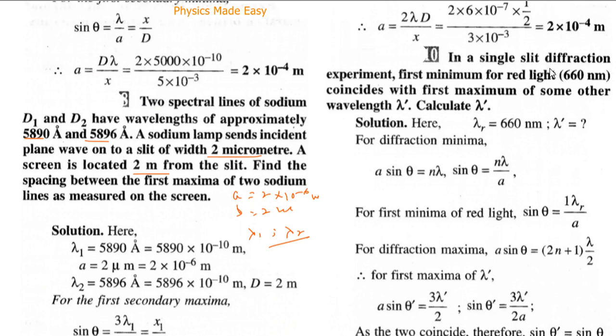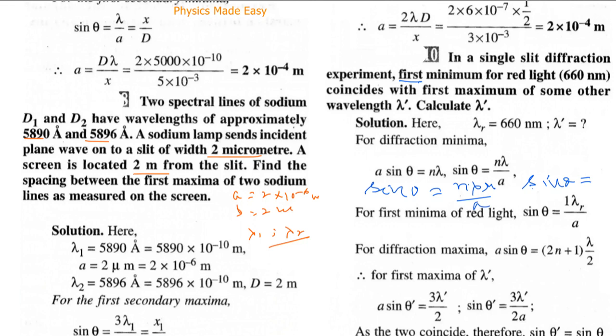Next problem. In a single slit diffraction experiment, first minimum of red light coincides with the first maximum of some other wavelength. Now quite clear. First minimum for red light, sine theta is n lambda red by a, and the same sine theta is equal to... First minimum means n is equal to 1.